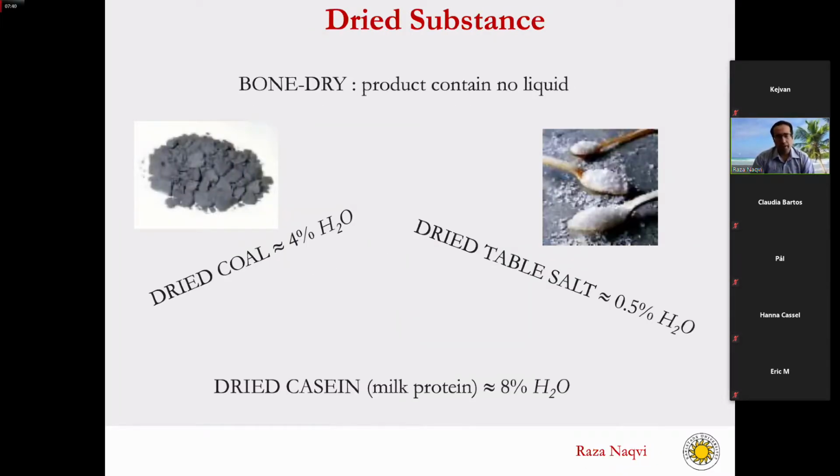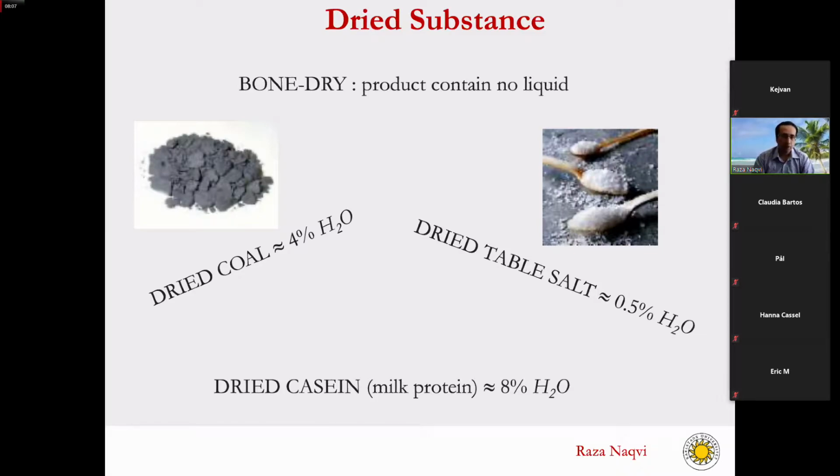When we dry a material, when it does not contain a significant amount of liquid or water, then we normally call that particular material a dried material, but we can also call it bone dry material or bone dry solid. Typically when we dry our coal, it still contains a little bit of water, less than 4%, but we still can assume that it's a dried coal.